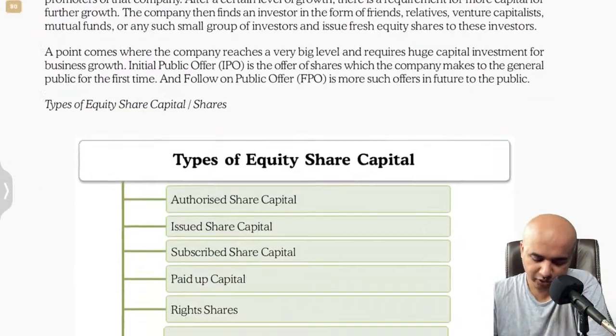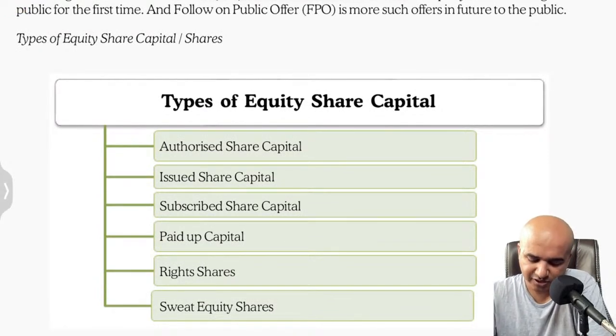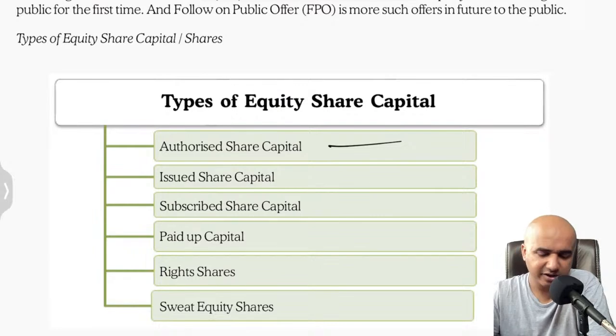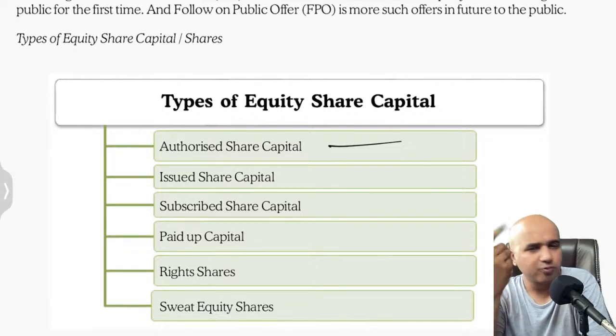Now, when it comes to equity share capital, there are different types of capital. Let's see what these are. We have first the authorized capital, meaning the maximum amount of capital which you as a company can raise. See, we can raise money either through IPO, that is initial public offer, like what happened with Paytm. Paytm wanted some 16,000 crores. How did they raise that money? They raised that money through IPO, initial public offer.